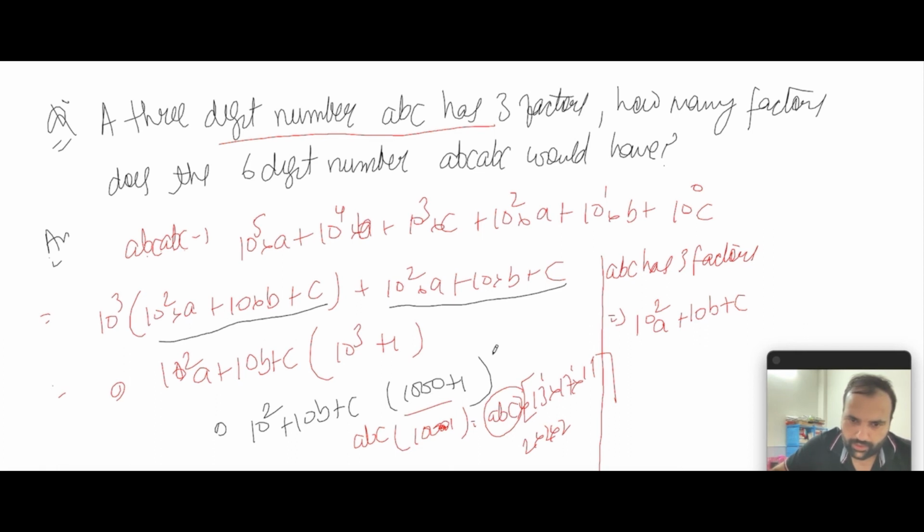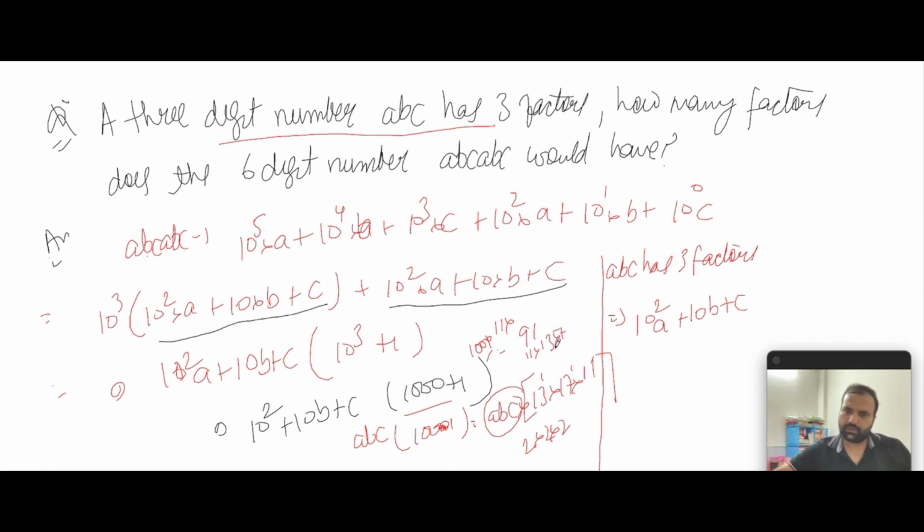1. Okay, let's do this. 1 0 1 0 0 1. So 11 into 91, or yeah, it could be 11. I'm sorry, 11 into 13 into 7.